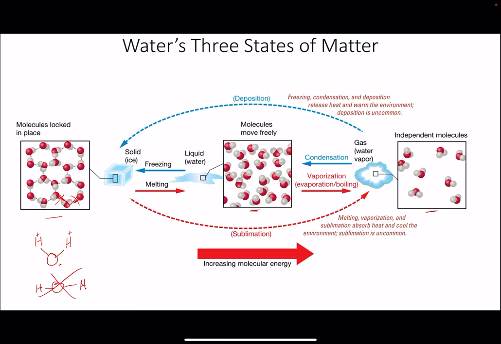There are a couple of interesting properties to keep in mind. One is that because of the really regular structure of ice, it's actually less dense than water. This is really important because on planet Earth, if ice were more dense than water, you'd have some ice freezing at the surface of the ocean, and then it would sink, and that would keep happening.